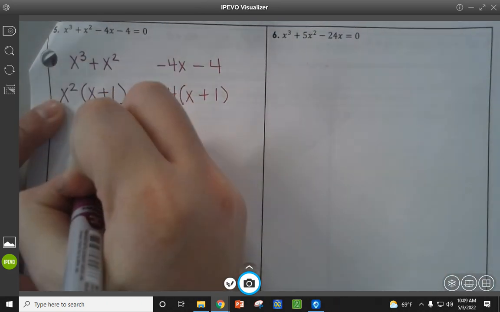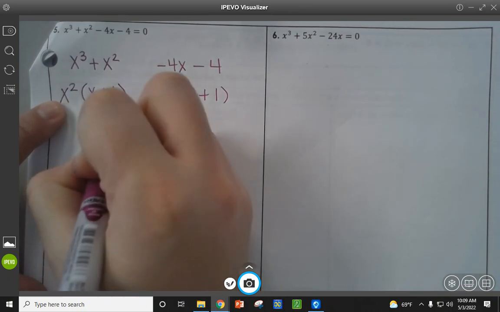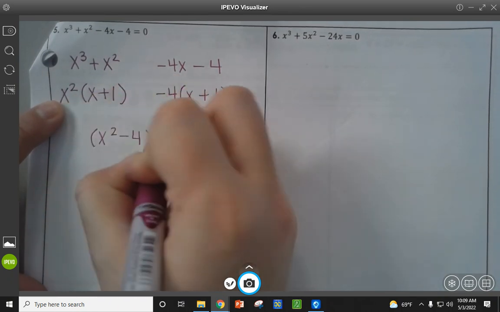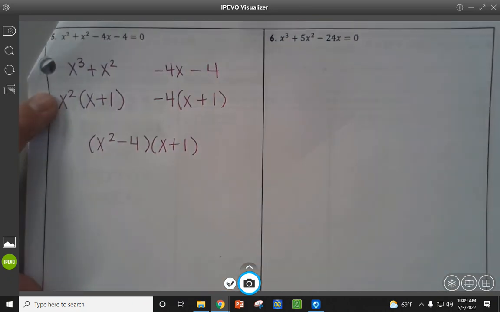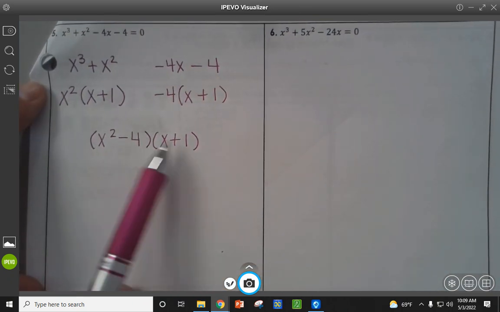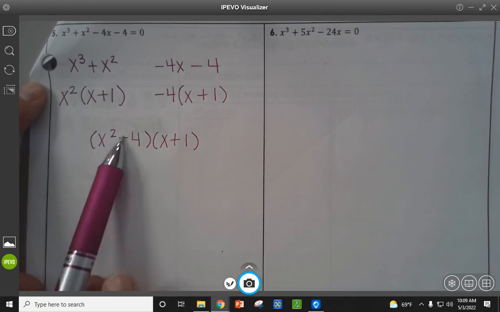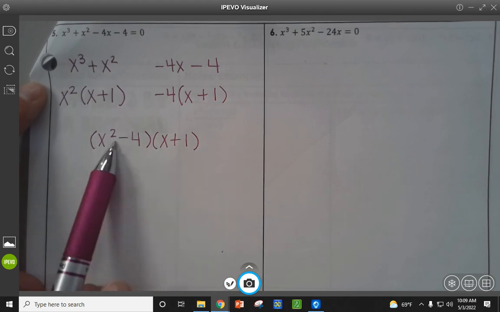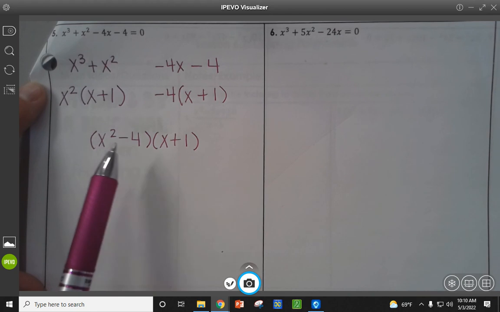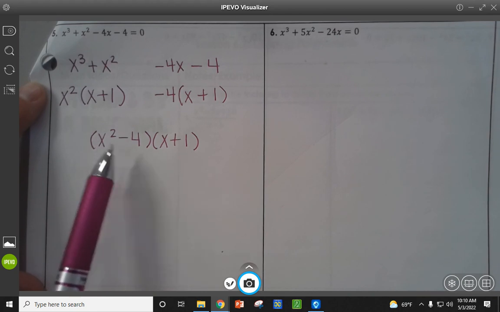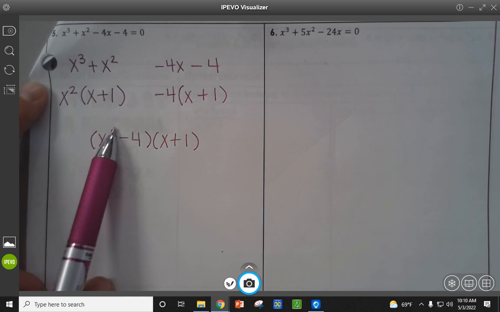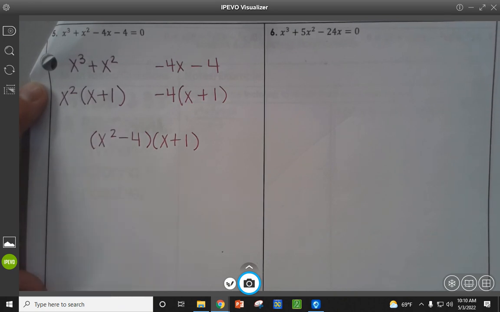And then my factors, I take the outsides, x squared minus 4, and the inside, x plus 1. Can either of those two be factored down again? Yes, it's a difference of squares. x squared is a perfect square, and 4 is a perfect square.